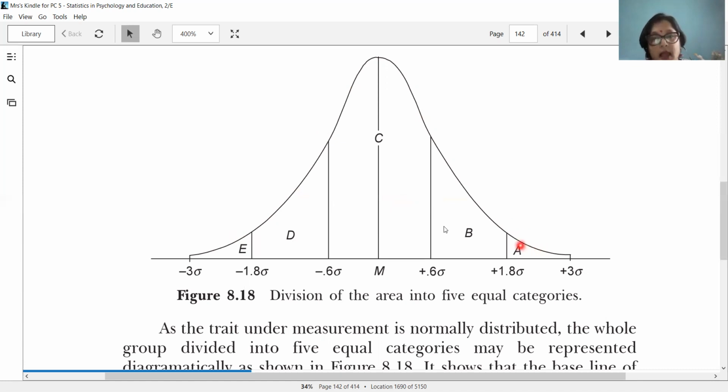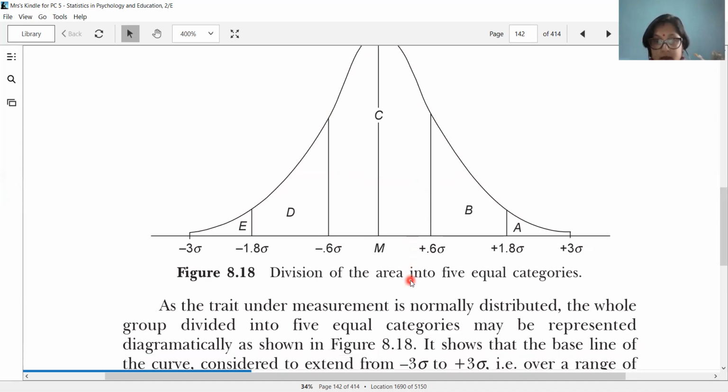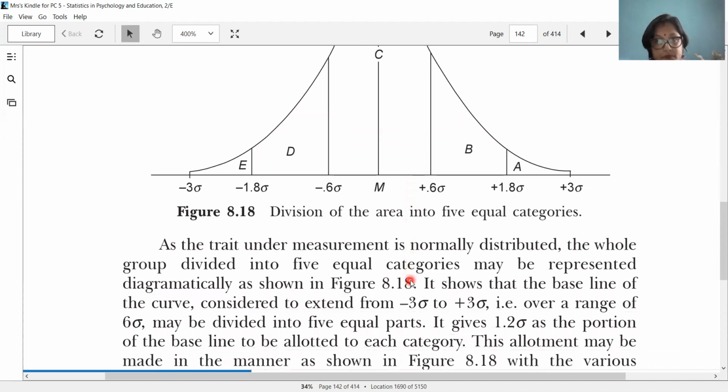Now according to our problem, we need to make 5 categories and find out the percentage of cases or number of students lying in each category. So 5 categories. What we need to do here is 6 divided by 5, and if we calculate this, we get 1.2 sigma.